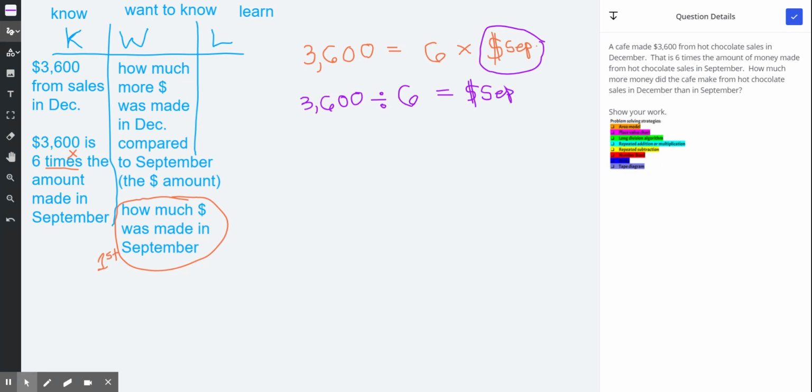So in the orange equation, the first number sentence I came up with, we're multiplying. Now, I made a second number sentence here where I'm dividing.